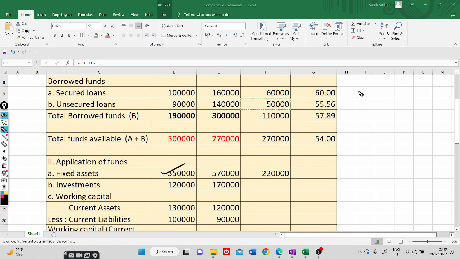This increase can be calculated in terms of percentage by multiplying 2,20,000 or this figure into 100 divided by 3,50,000.